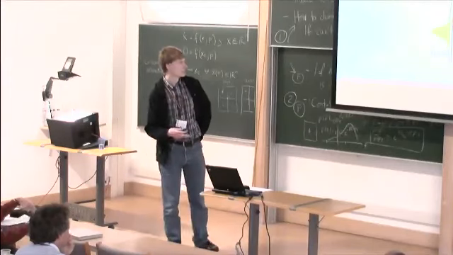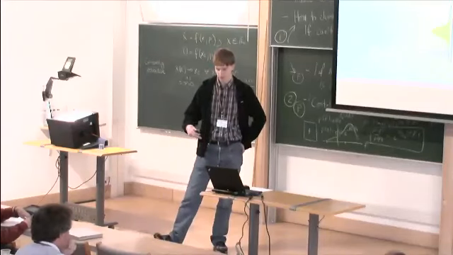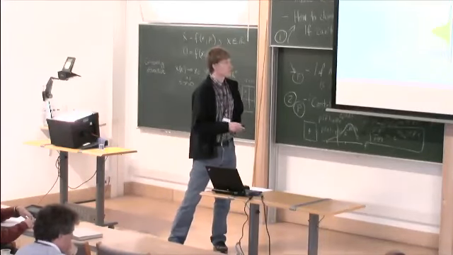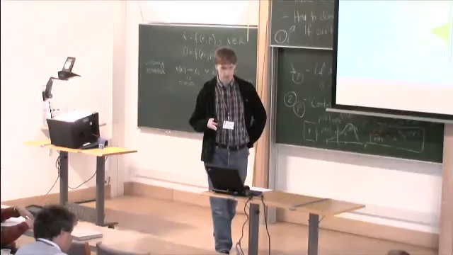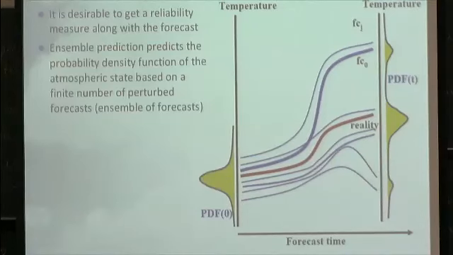And that gives you a measure of how reliable your forecast is. So if the spread is small, then you can be certain that the forecast is quite accurate. But if you have a strong spread, then you see that there's some uncertainty in the forecast. And you also get some idea about extreme events if you have peaks at the far end of the distribution.